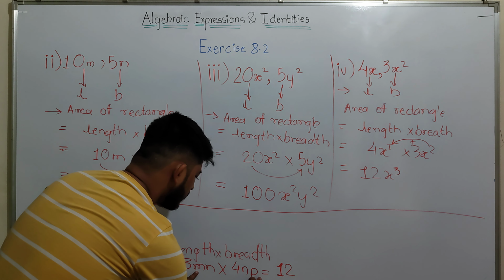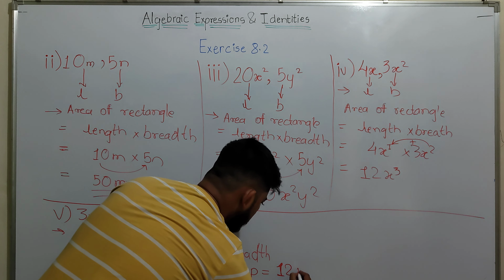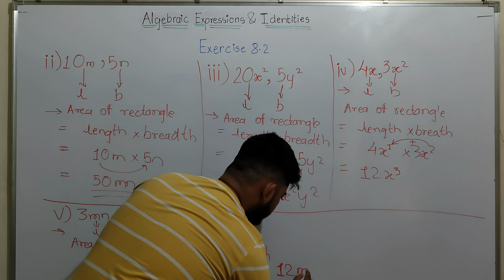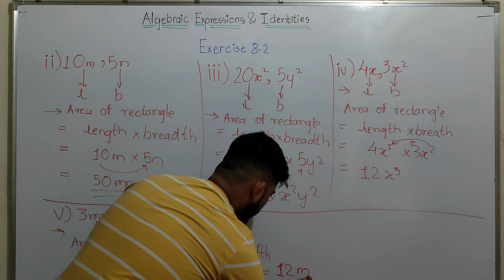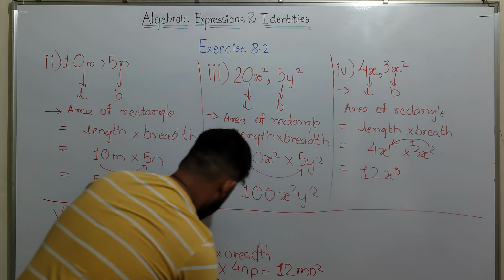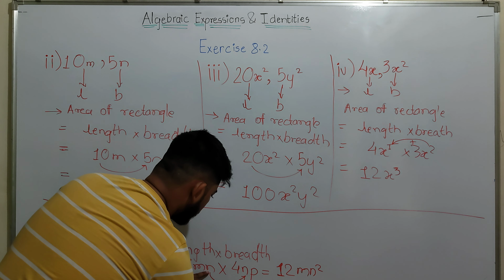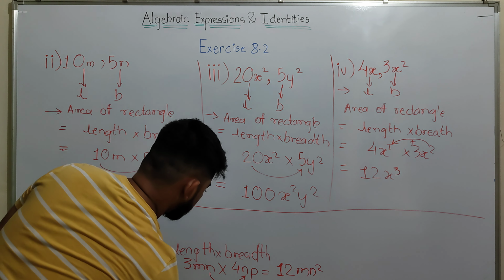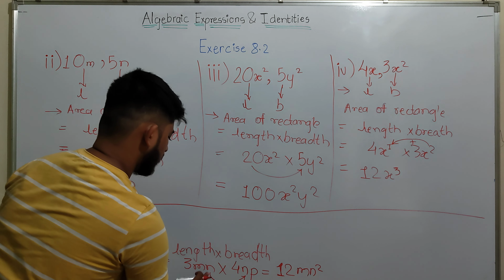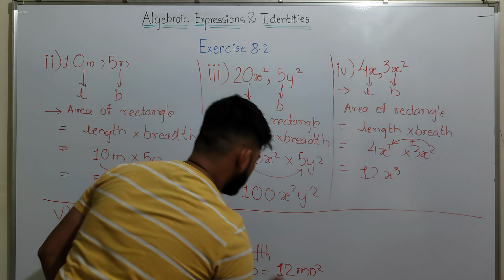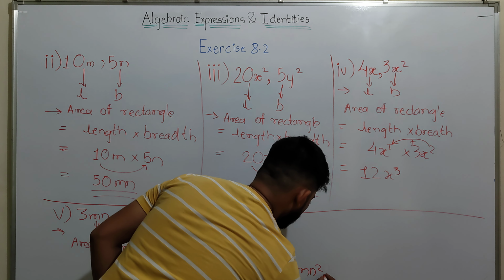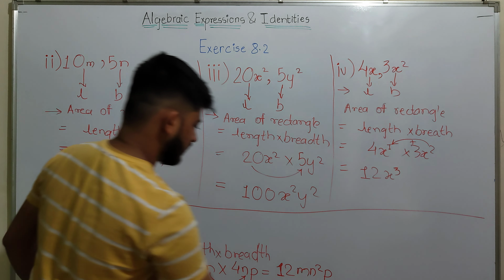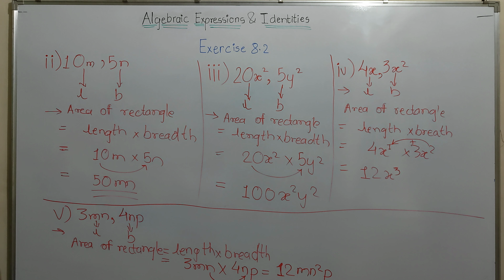No. Write m. Do we have n? Yes, we have. n into n, n square. Do we have p? No. So this is the required answer of the fifth one.